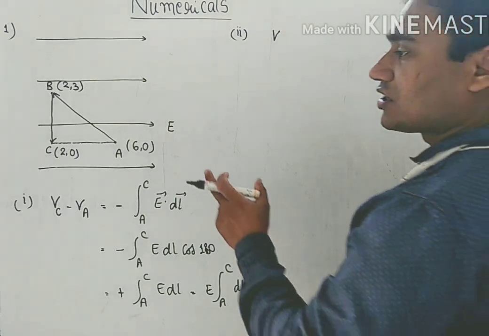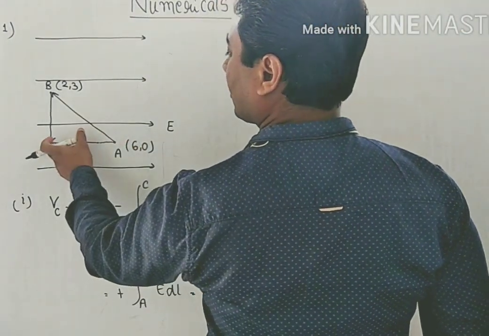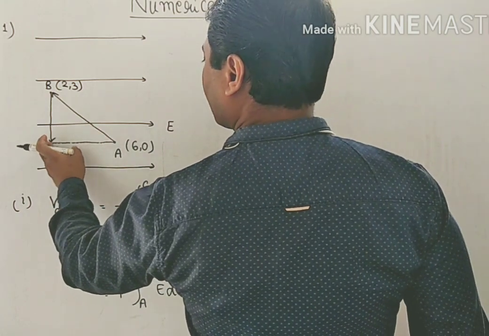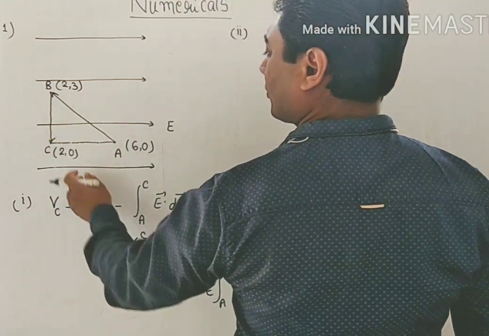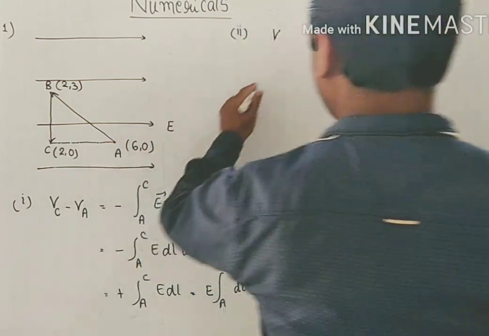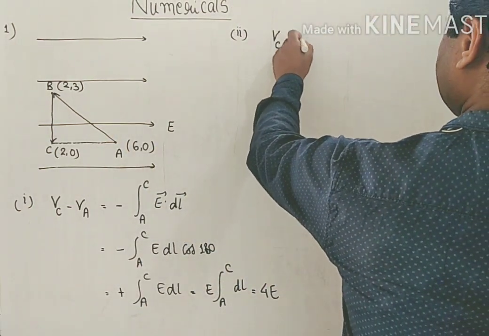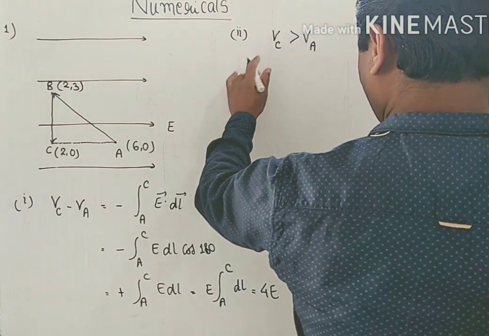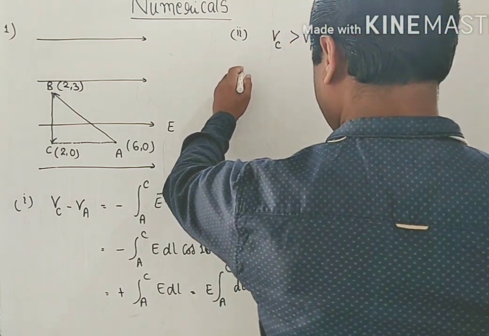So the electric potential direction is along the decreasing electric field. Here the potential will be more and here it will be smaller. So you will write VC is greater than VA.